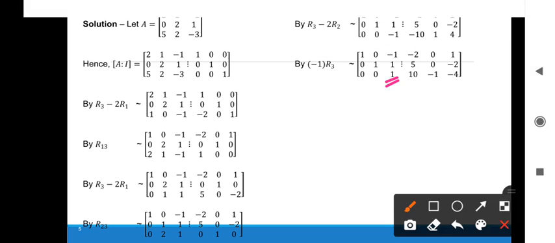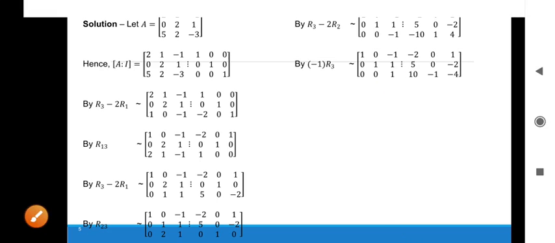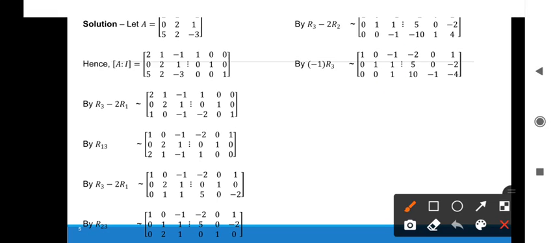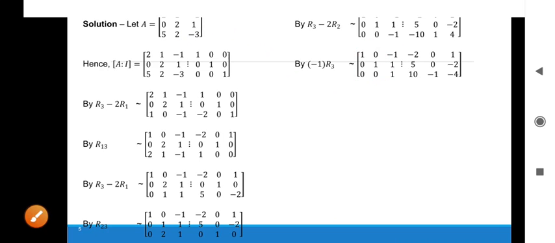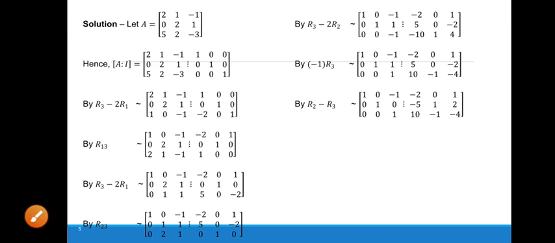Now using this third row third column element 1, we are going to make these two elements as 0. So we have almost done with the reduction of this matrix to the identity matrix. We have obtained the required first two columns. Now we have to just reduce the third column with the elements 0, 0, 1, and for that we require the operation R2 minus R3.